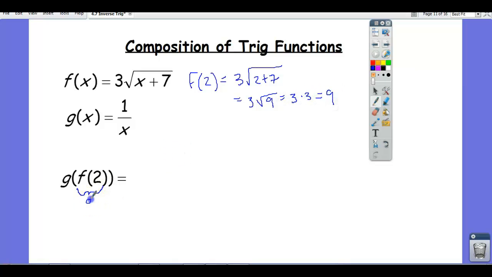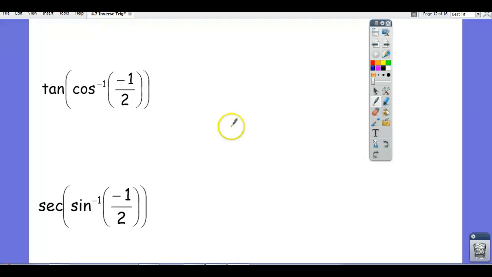And remember the way compositions work. Since that inner part is 9, now I'm just doing g of 9. G of 9 would just be 1/9. So just keep that process in mind as we do these problems, which look a little more scary, but there's nothing really new, it's just that the functions are different.